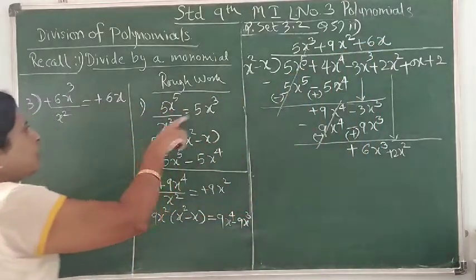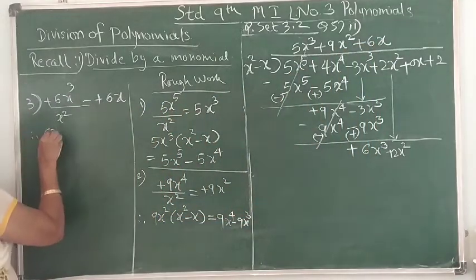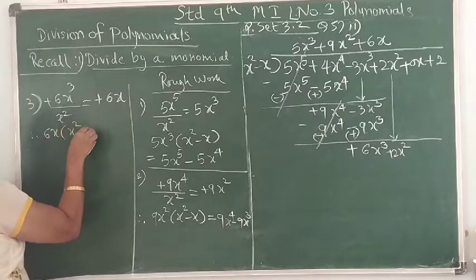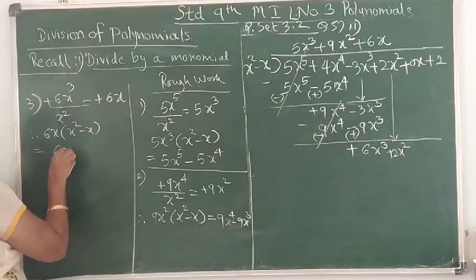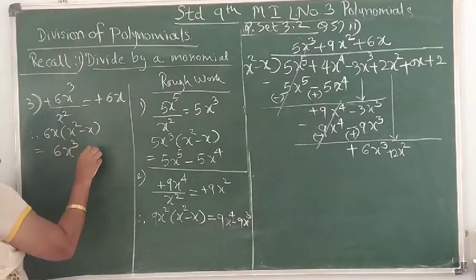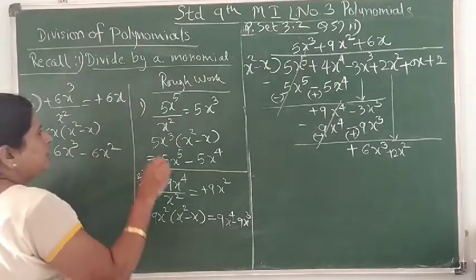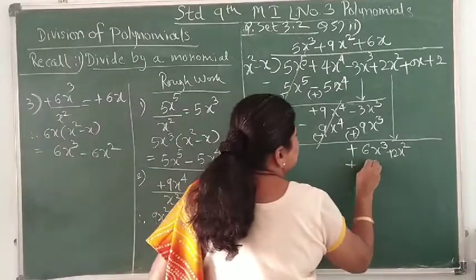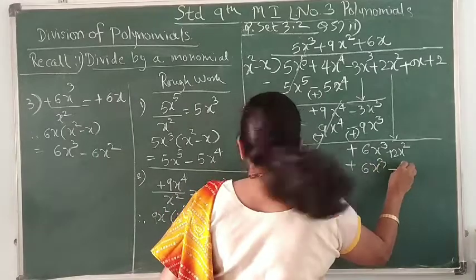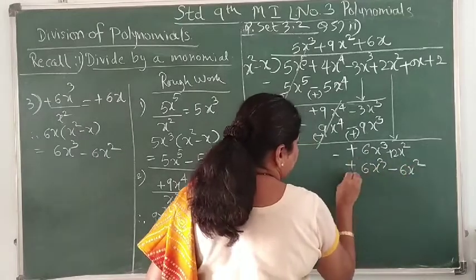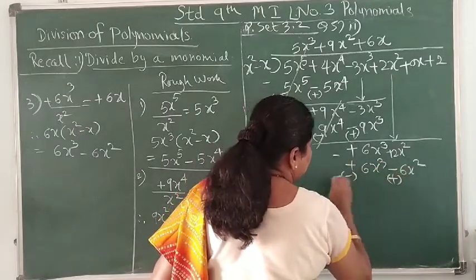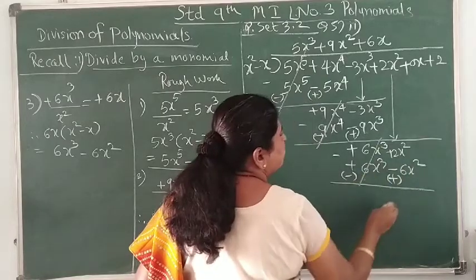So what is the product of 6x multiplied by x square minus x? The product is 6x cube minus 6x square. Copy this here, plus 6x cube minus 6x square, subtraction, change the sign, 0.